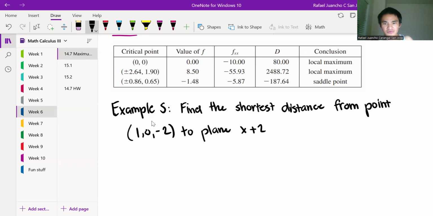X plus 2y plus z equals 4. Okay, so the shortest distance from any point xyz to this point 1, 0, -2 is just the distance formula, right?